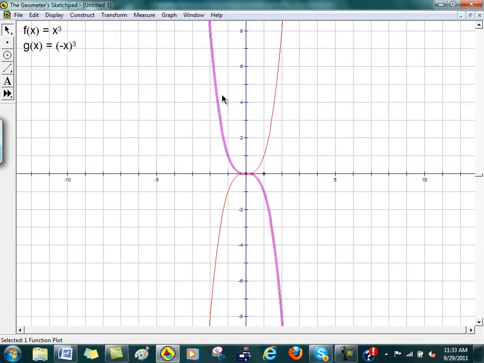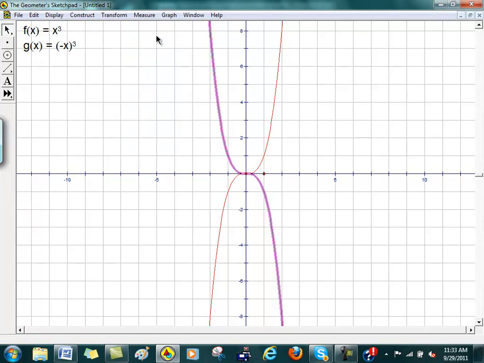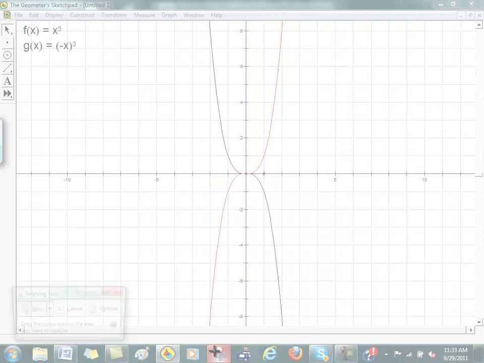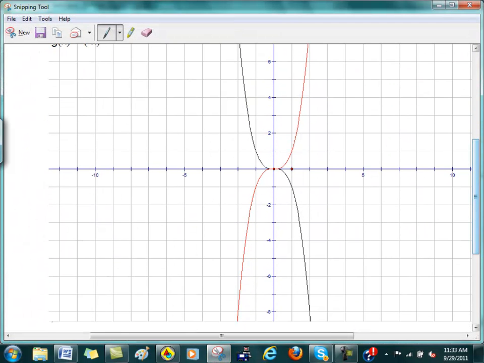And let's make this one black. Let me label these properly so you can see. So this one is f of x equals x cubed, and this one is g of x equals minus x cubed.